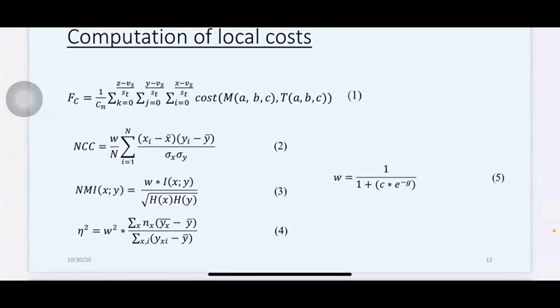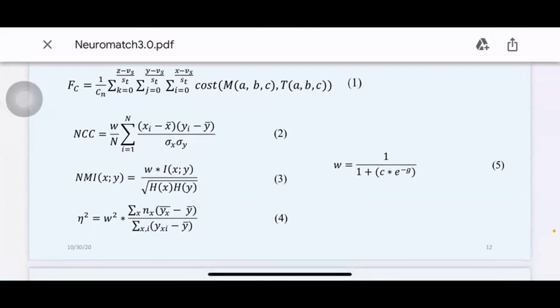So we don't want to say that the correlation, mutual information, or correlation ratio is high just because it is computed on only a few voxels. So this weighting factor is introduced. Cn is the number of local cost computations, which are averaged. VS and ST, the voxel size and the stride, are the free parameters. For this study, we fixed them to 3 and 3.